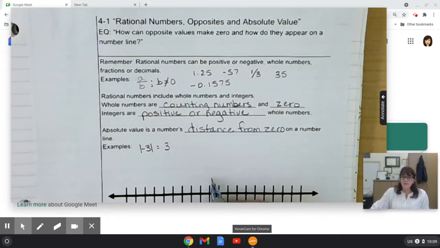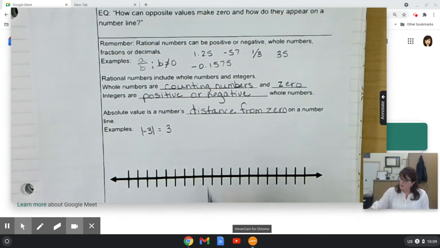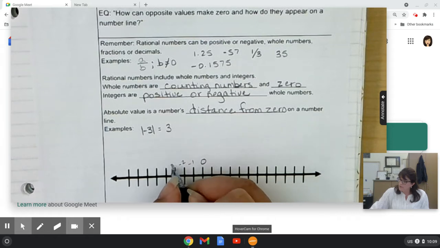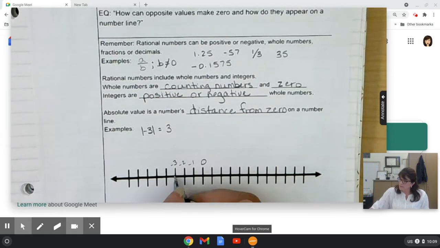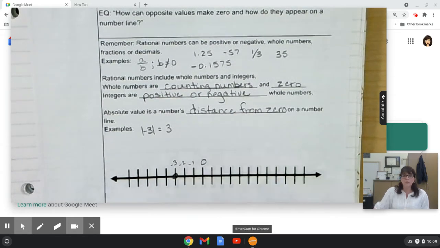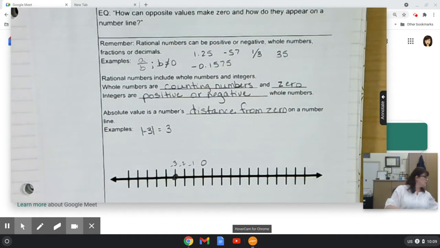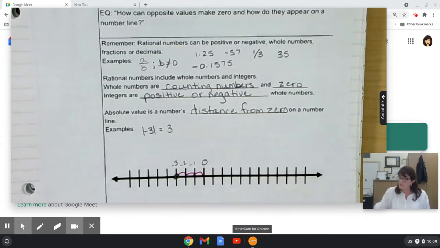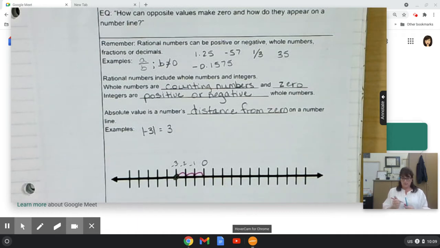If I took this number line and I made this one 0, negative 1, negative 2, negative 3, there's negative 3. I'll use some different colors today. Notice it is 1, 2, 3 spaces from 0 on the number line. That is what absolute value means.